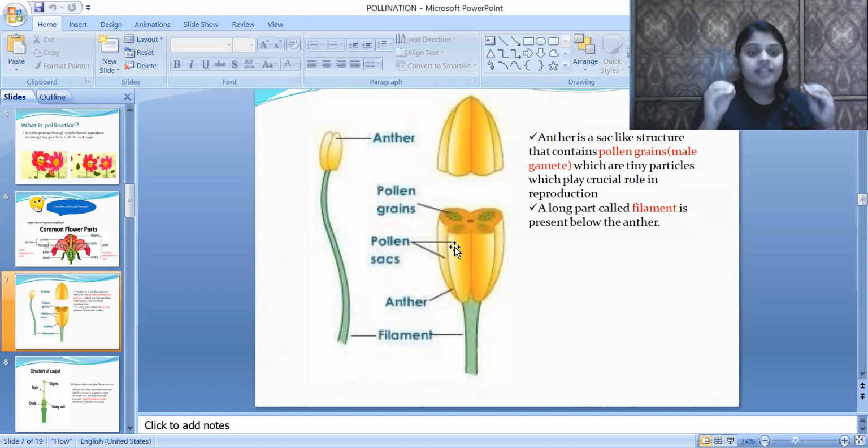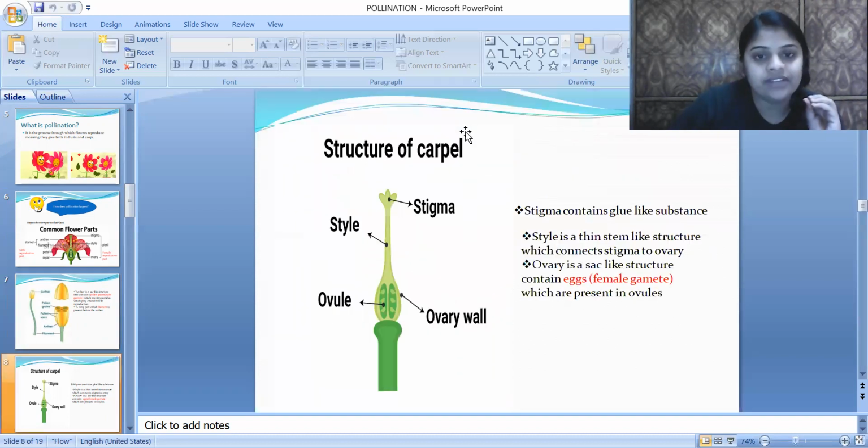Pollen grains are considered male gametes, which play a crucial role in reproduction. Just below the anther, a long stem-like structure is present, which is called the filament. Okay, so that is all of the structure of the stamen.